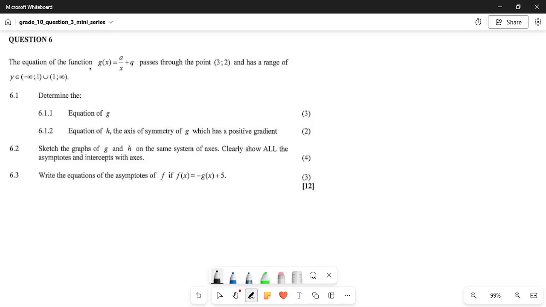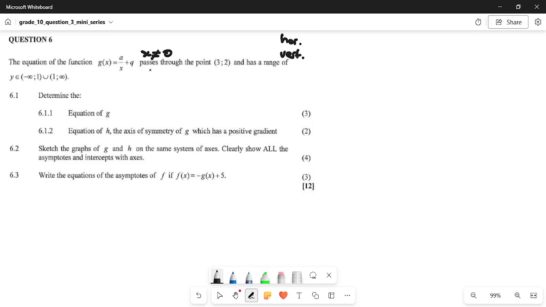So g is our hyperbola, right? And g is not defined when x is equal to 0. With hyperbola graphs, I'm expecting two asymptotes, one being the horizontal asymptote and the other the vertical asymptote.